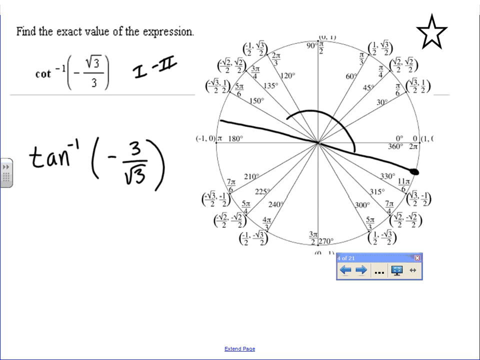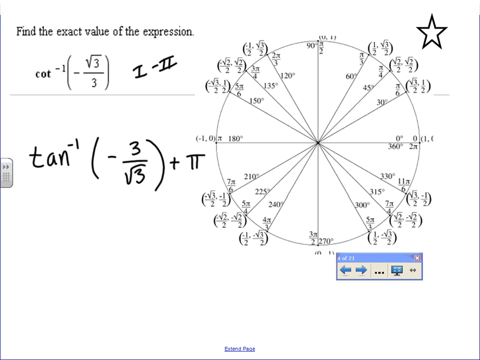And so recall, to fix that, all we had to do was add halfway around the circle. So all we had to do there was add pi. And so that's what I'm going to have to do in this case here.